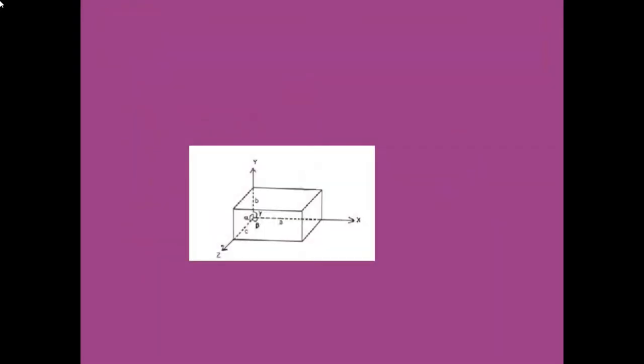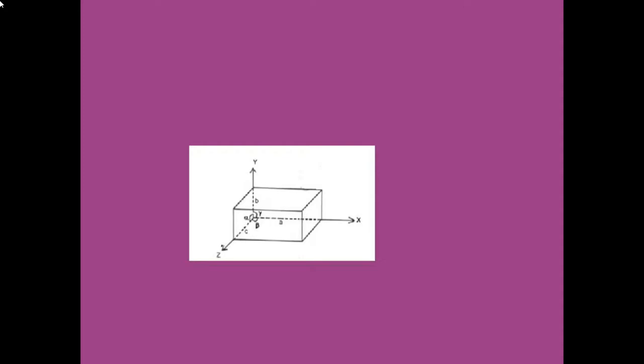The figure shows the unit cell of a three-dimensional lattice with sides represented by primitive vectors A bar, B bar and C bar. As you can see, A bar, B bar, C bar are the primitive vectors. Another name for the primitive vector is the unit vector along the crystallographic axes X bar, Y bar and Z bar respectively.